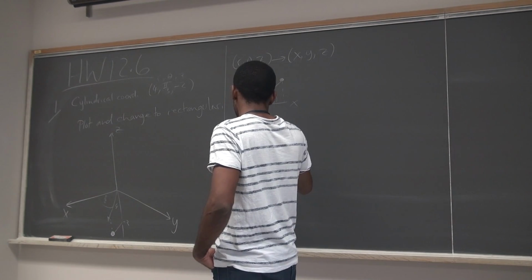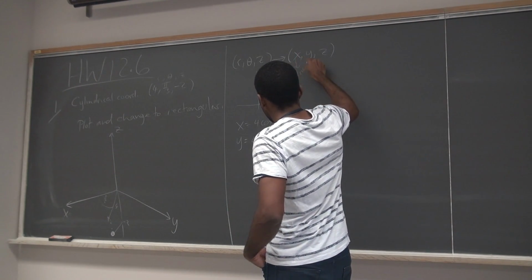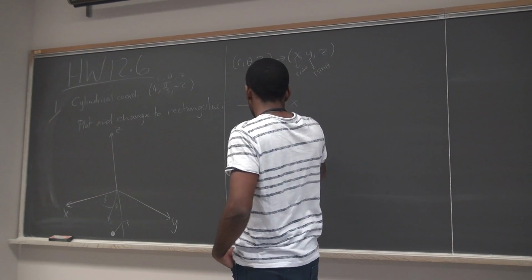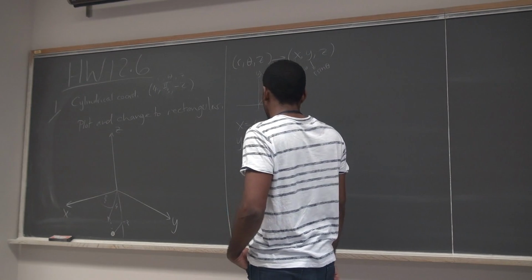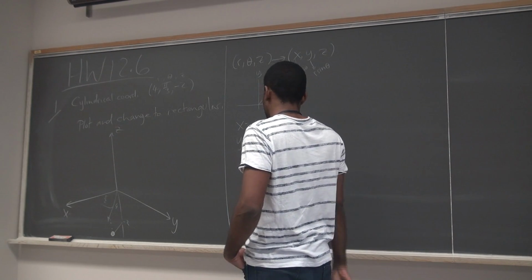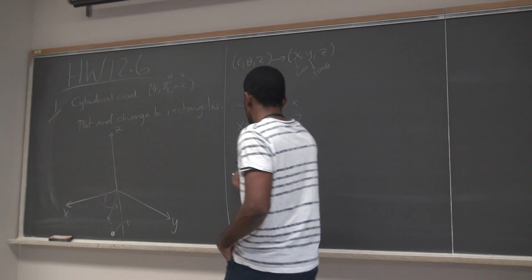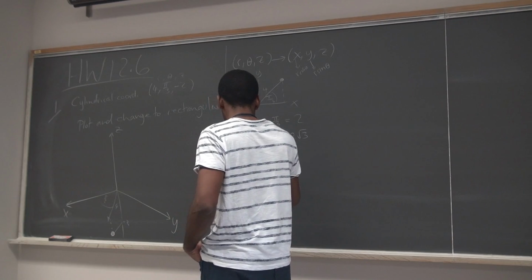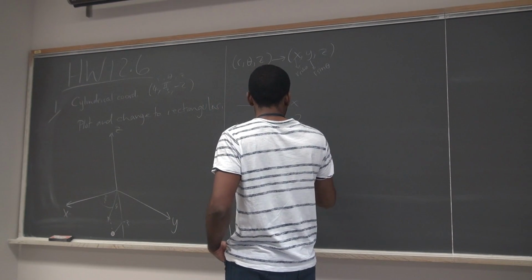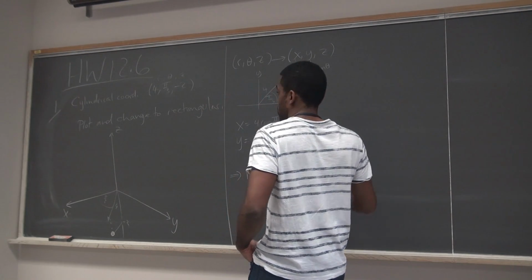So you just use the equations, right? You know that x is r cosine theta and y is r sine theta. Cosine pi over 3 is 1 half, so x is 2. Sine of pi over 3 is radical 3 over 2, so y is 2 radical 3. So the rectangular coordinates are (2, 2 radical 3, negative 2).